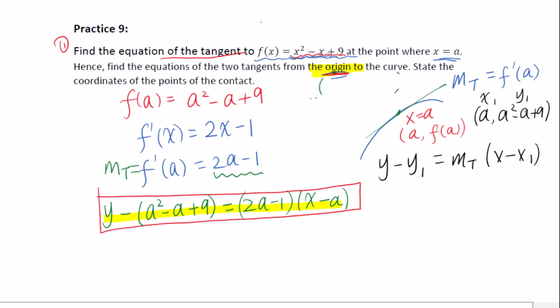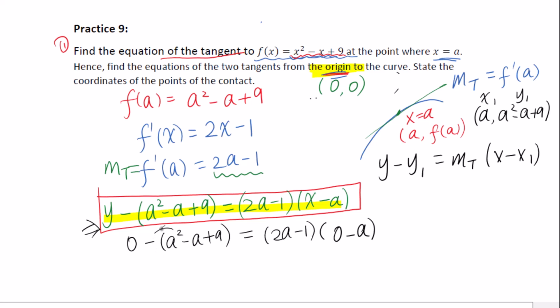From the origin means from 0, 0. We need to plug 0, 0 into this equation of a tangent line, which means 0 minus a squared minus a plus 9 equals 2a minus 1 times 0 minus a.